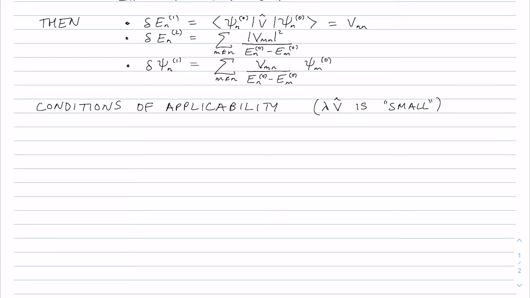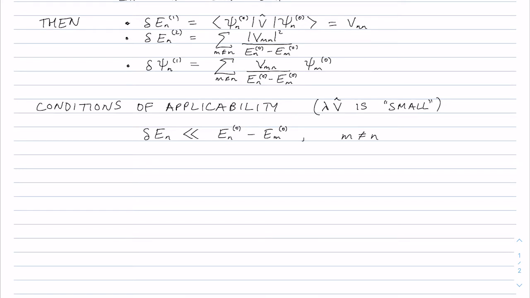It means that the energy denominators that we see in delta En2 and delta psi n1 are small. So we need the shift in the energy to be much, much less than the spacing between energy levels. If that was not the case, then you wouldn't necessarily be able to keep the same ordering of the levels, and so that's not a small perturbation anymore.